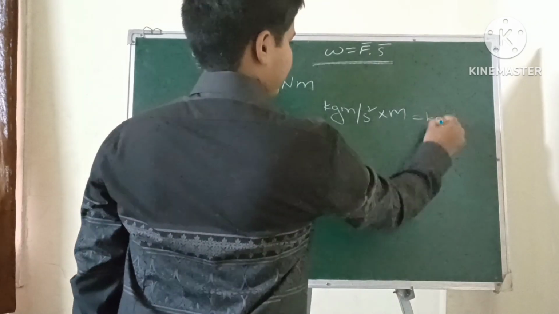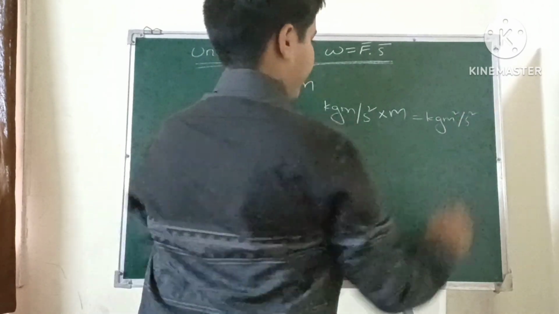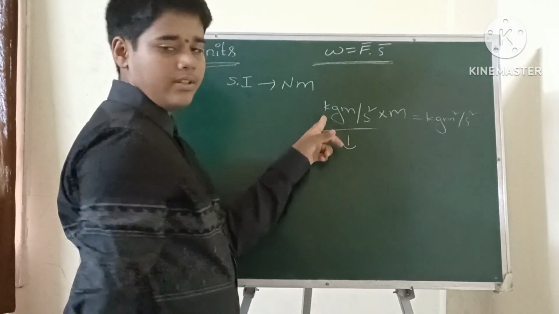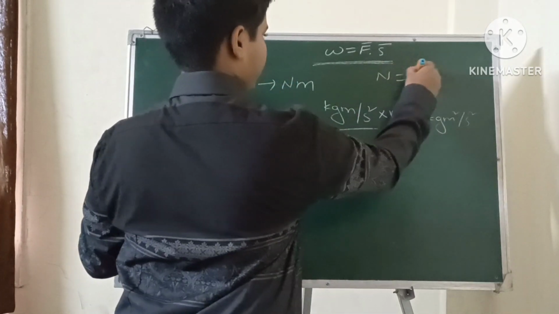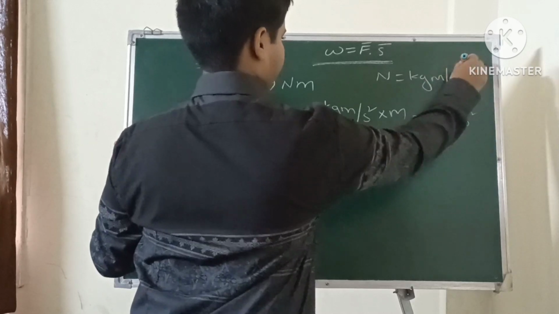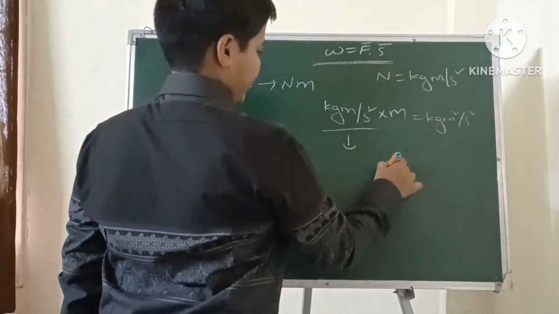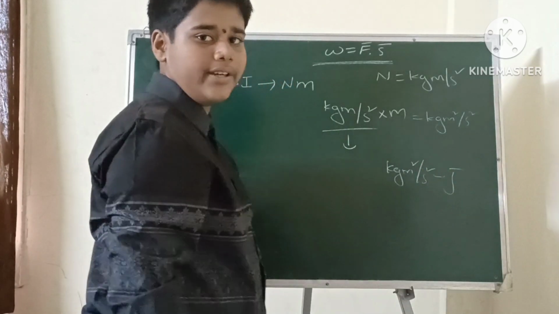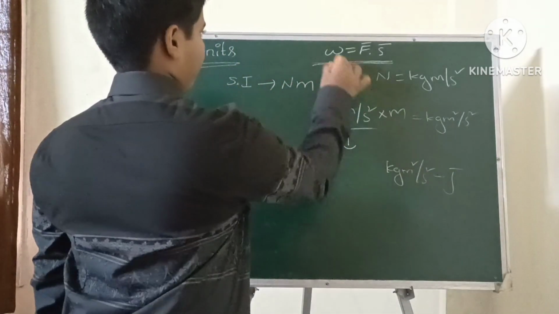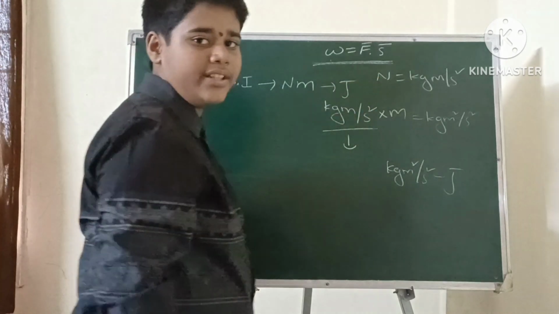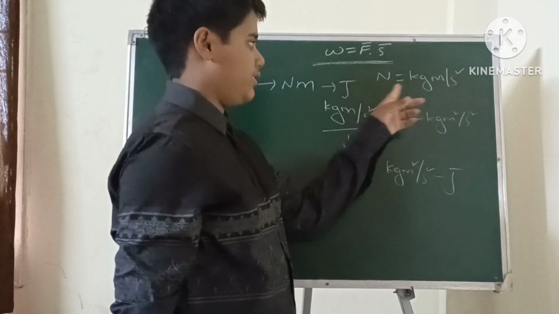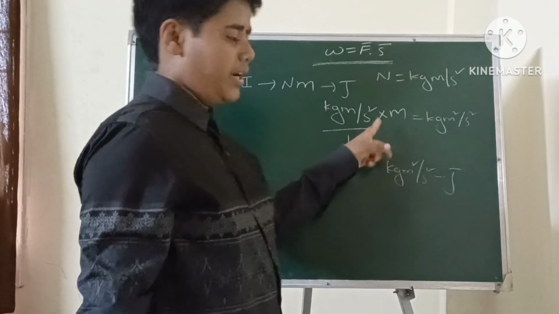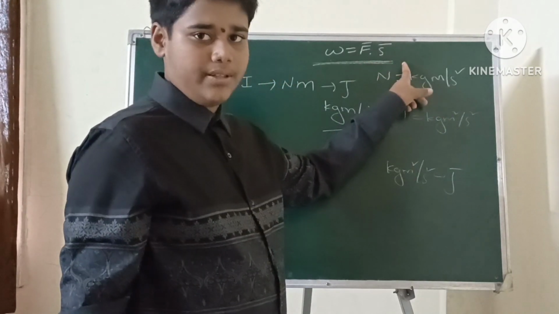Newton is equal to kg meter per second square, and displacement is multiplied because it is force into displacement.